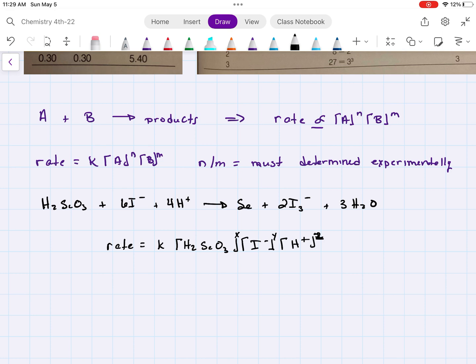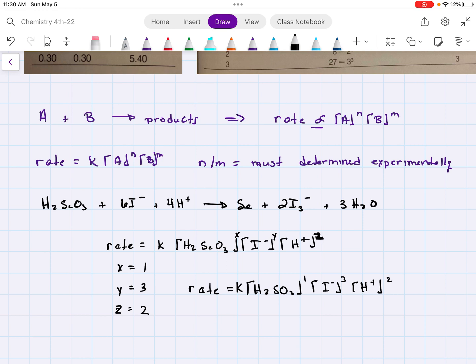Okay? Now, after the experiment has been done, it was determined that x has a value of 1, y has a value of 3, and z has a value of 2. So if we were to write this rate law with the correct exponents now, the rate would equal K times the molar concentration of the selenous acid to the 1, iodide to the 3, and hydrogen squared, right?